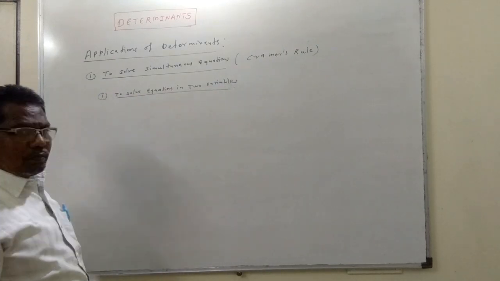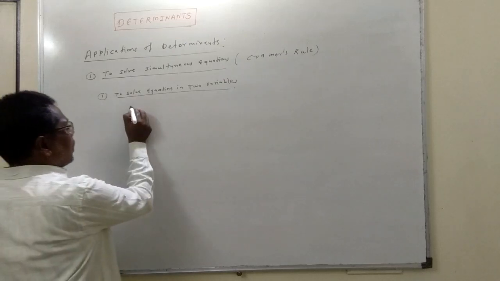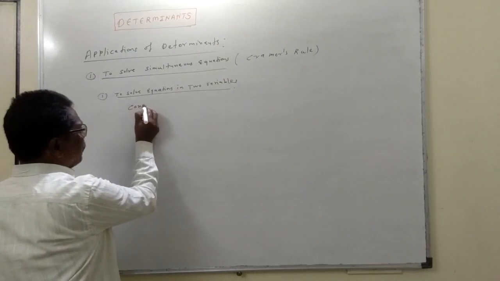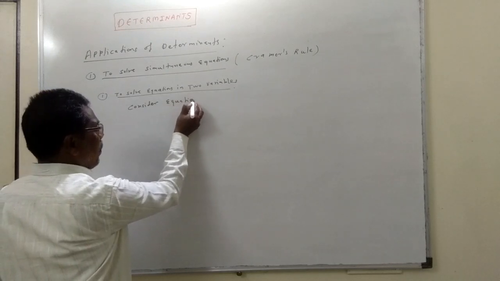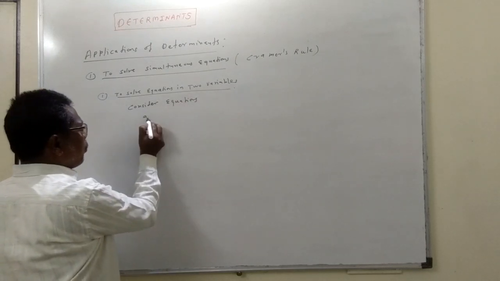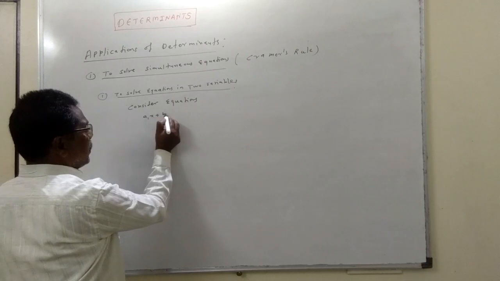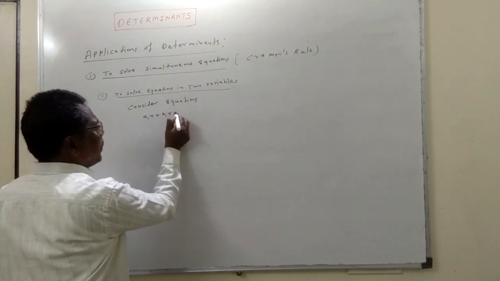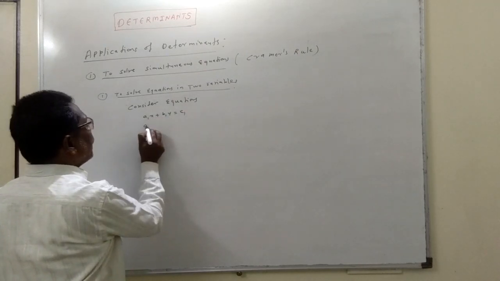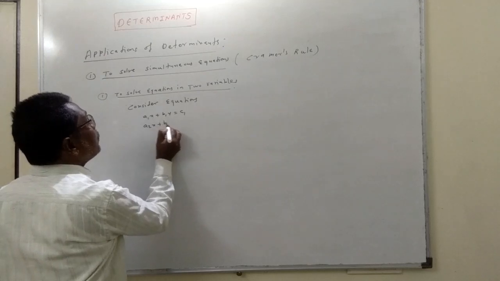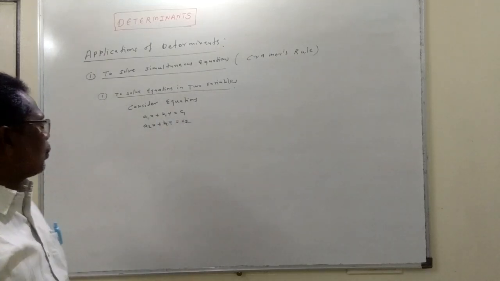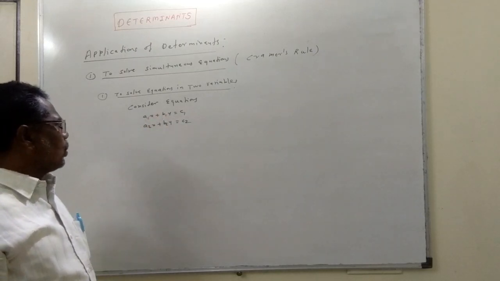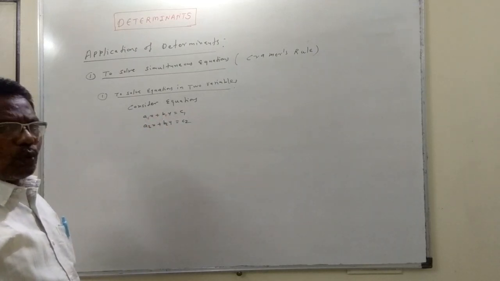So this is for 10th standard. So we consider equations, suppose a1x plus b1y is equal to c1 and a2x plus b2y is equal to c2. Here x and y are unknowns, and a1, b1, c1, a2, b2, c2 are the constants.